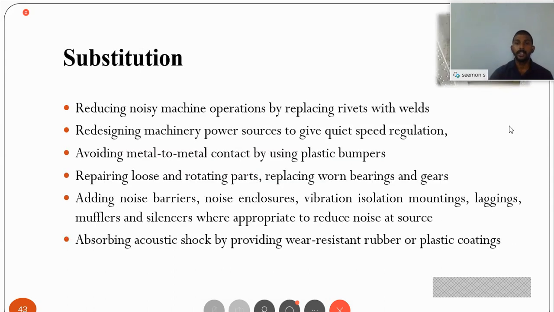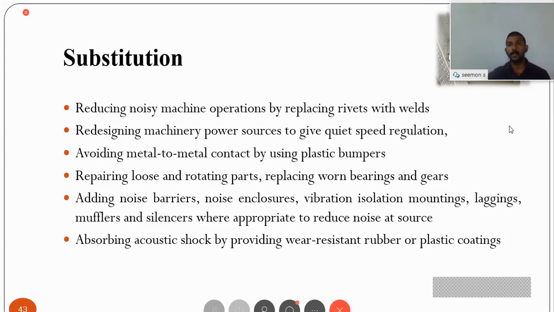Next is substitution. Substitution means there is already an existing industry, and we substitute the existing material with another one which produces lesser noise. For example, replacing rivets with welds. Here this is a rivet joint.